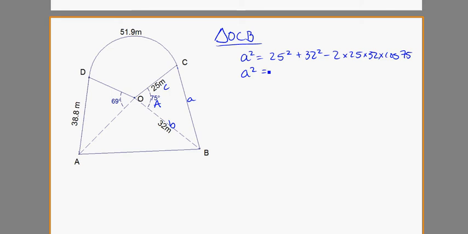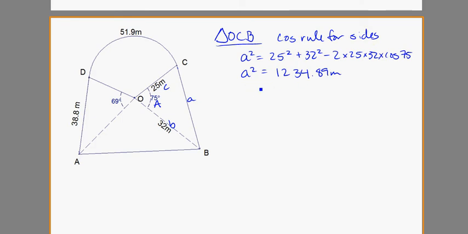So A squared is going to be equal, in this case, to 1,234.89 meters squared. Okay, so that's what A squared is equal to from our cosine rule. And again, this is the cos rule for sides on your formula sheet.